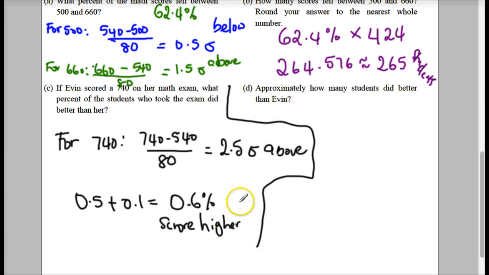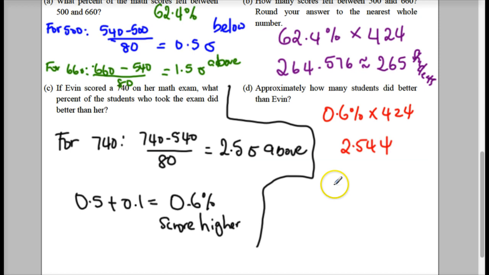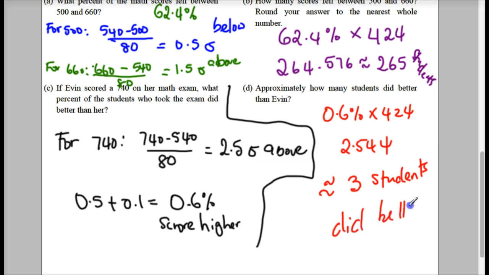We know it's 0.6%, but what is 0.6% of 424? That works out to be 2.544, but we don't have 2.5 students. So this is actually 3 students. So there were 3 students that did better than him.